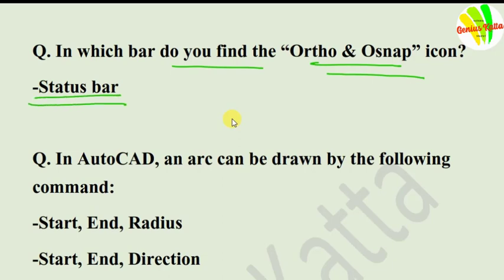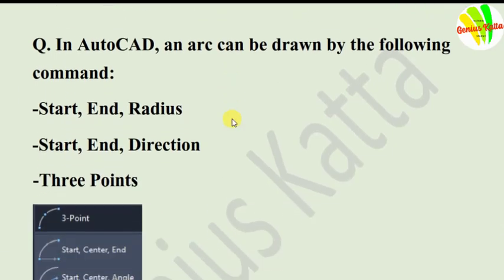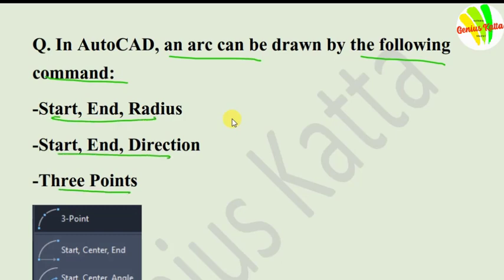Answer is status bar. In AutoCAD, an arc can be drawn by the following commands. Answer is start end radius, start end direction, 3 point.